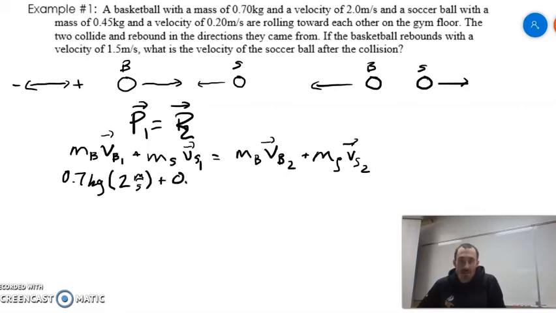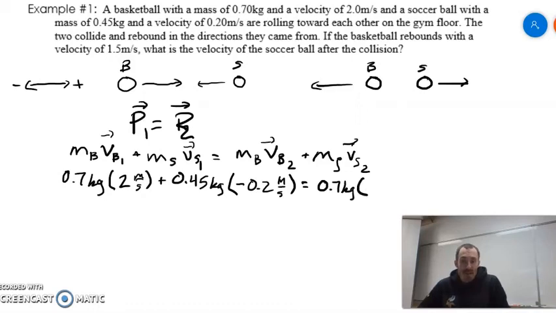Plus 0.45 kilograms times the velocity of the soccer ball at the beginning, which is going to be negative 0.2 meters per second. Okay, it's the opposite direction, so it should be negative. And that's equal to the mass of the basketball, 0.7 kilograms again, times the final velocity, which is going to be negative 1.5 meters per second because it rebounded the way it came.